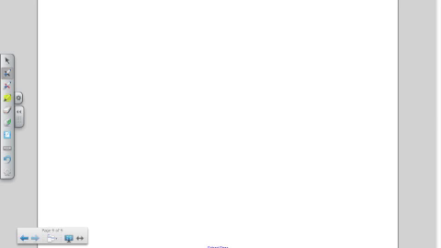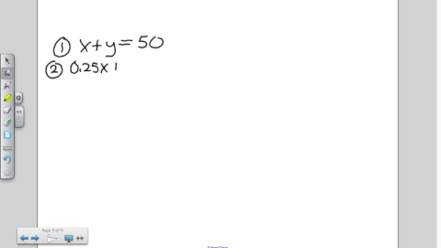So my equation number 1 is very simple. X plus y is equal to 50. But my equation number 2 is 0.25x plus 0.5y is going to be equal to 21. Okay.